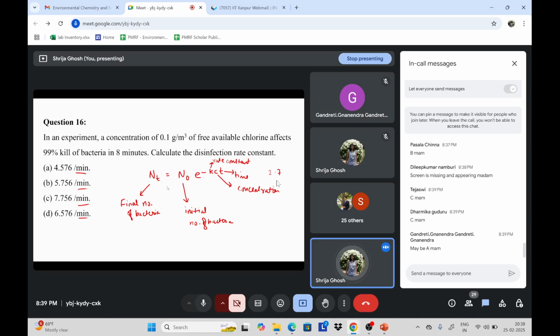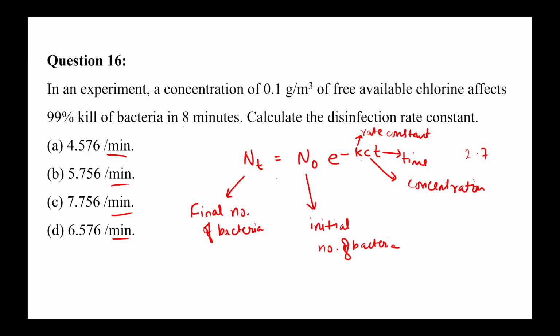If the initial number was 100 and 99% of bacteria are getting killed in 8 minutes, the final number would be 1, right? Because from 100 bacteria, 99% got killed, so the remaining is 1. So NT will be 1, N0 will be 100, K you have to calculate, C is 0.1 given in the question, T is 8.